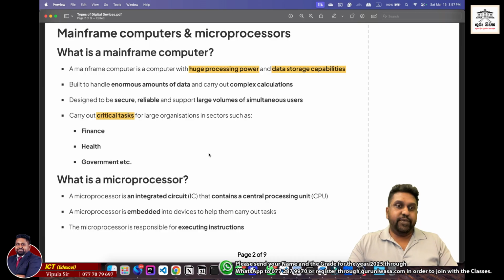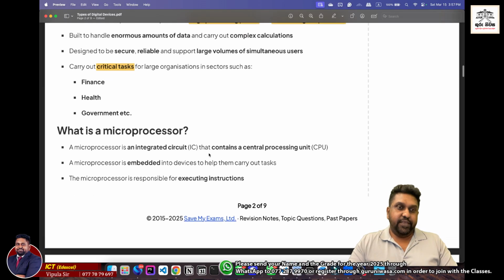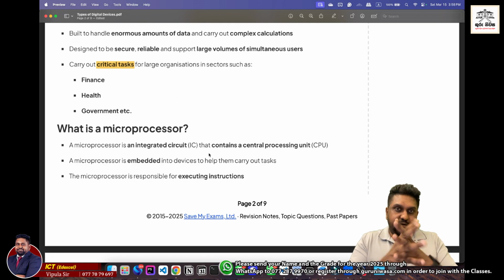Then we talk about microprocessors. Microprocessors are similar to a CPU, yes, but they are inside an integrated circuit which is focused on carrying out only a certain set of tasks.